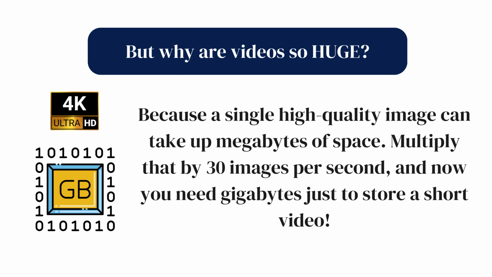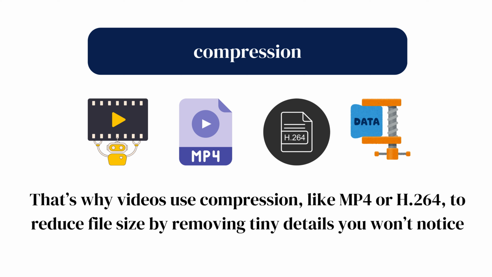Multiply that by 30 images per second, and now you need gigabytes just to store a short video. That's why videos use compression like MP4 or H.264 to reduce file size by removing tiny details you won't notice.